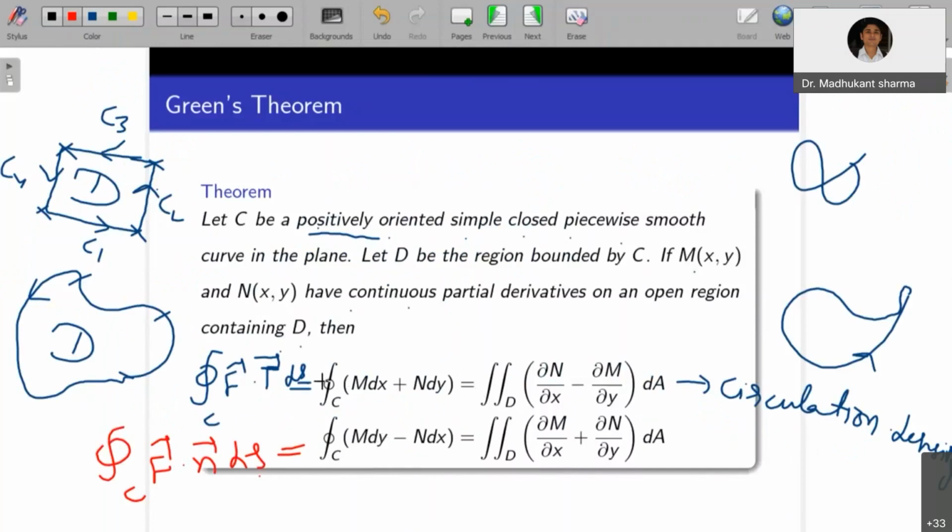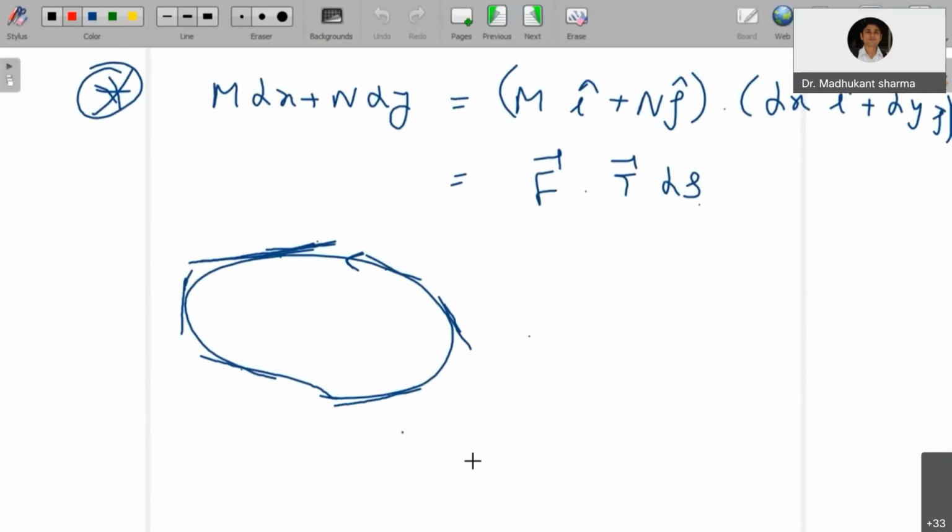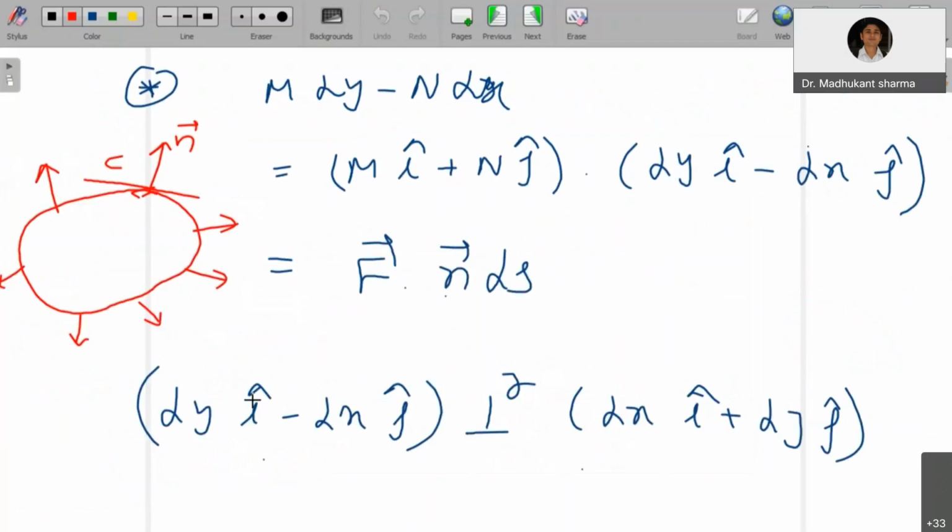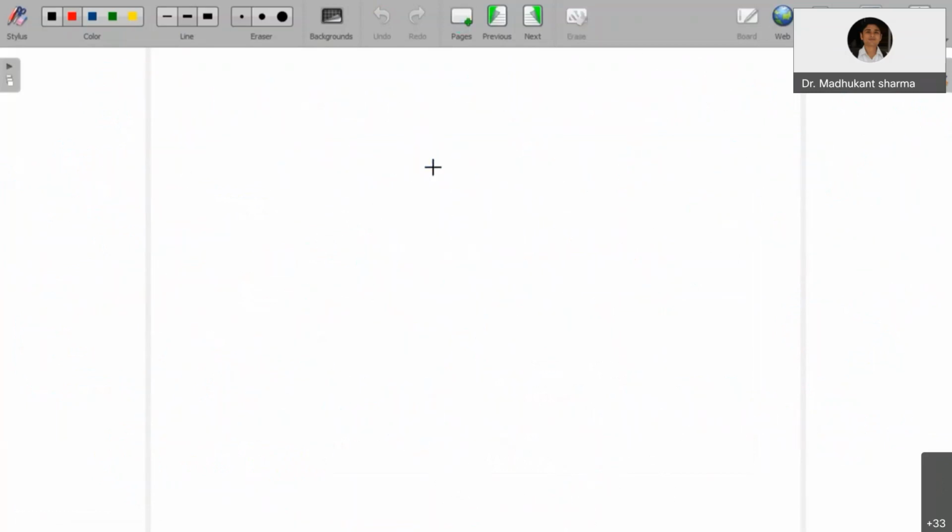So the first form can be used for circulation density. The second form can be used for finding the outward flux. Now, more carefully, I can finally write Green's theorem.